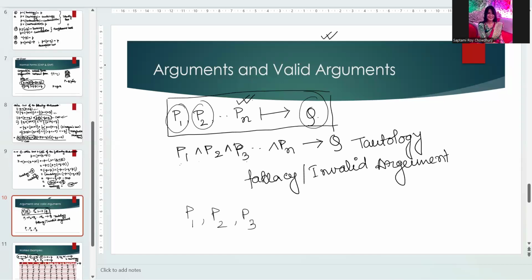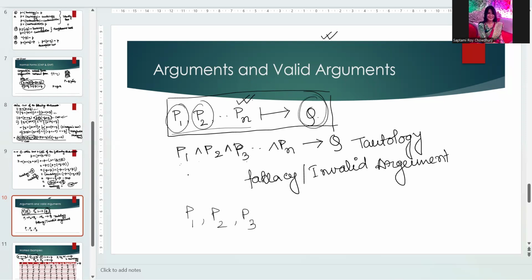Next is the argument and valid argument. In real life also, if you have some arguments, you want some basic validation, right? If you argue with anyone, then it should be valid. So here also some propositions are given. Based on the propositions, you are concluding another statement or proposition.